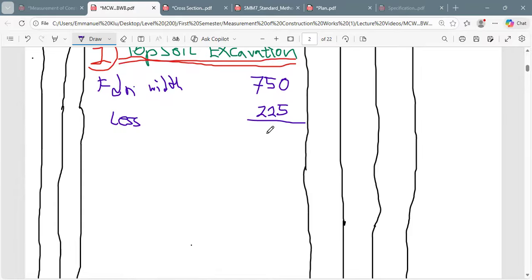750 minus 225, we are going to get 495. And with this 495, you realize the foundation spread is 2.